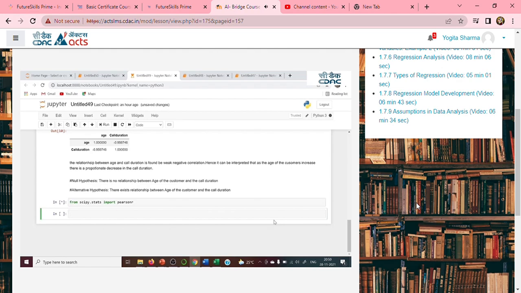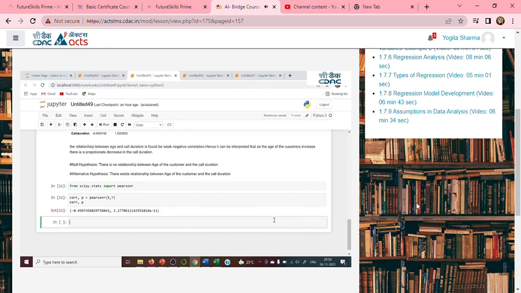Once it gets imported, we'll extract the correlation along with the p-value, which is equal to pearsonr of x, y, and I will print this result. The moment I print this result, you can see that this is the same as the correlation value we obtained over here, and this is nothing but your p-value.